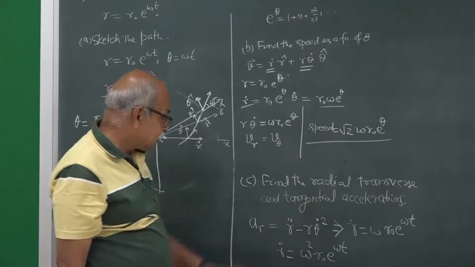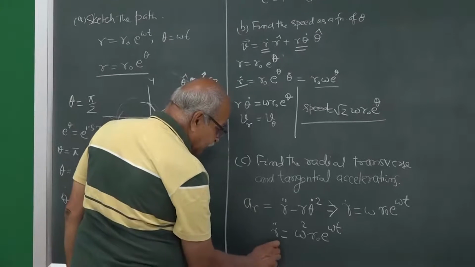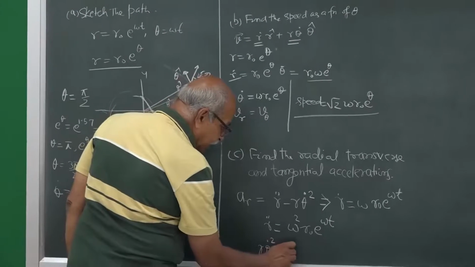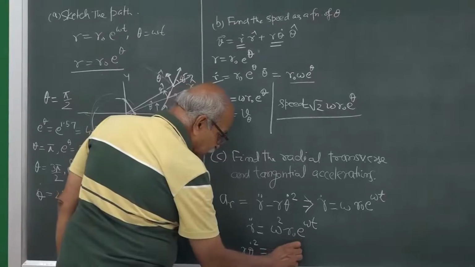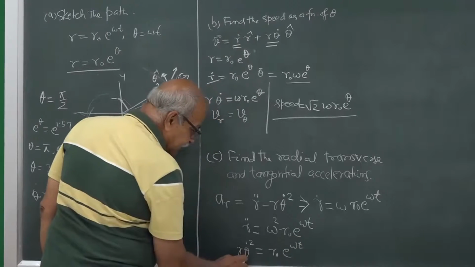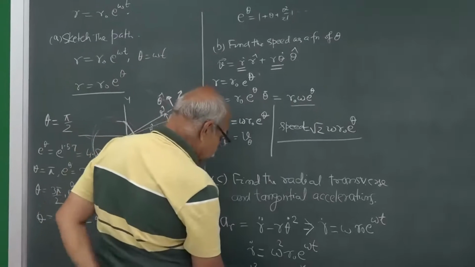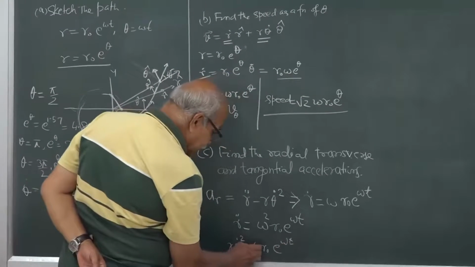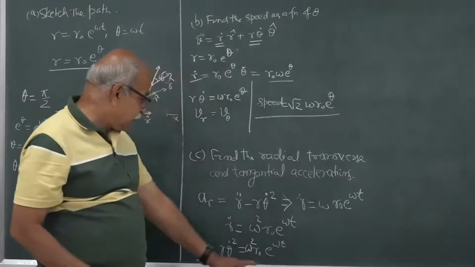And what is r theta dot squared? r theta dot squared means r naught into e to the power omega t, that is r, and theta dot is omega, so theta dot squared is omega squared. So, omega squared r naught e to the power omega t.